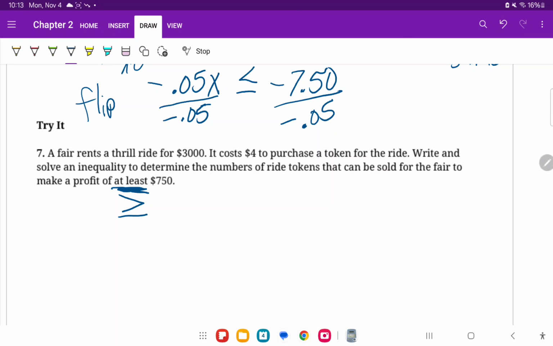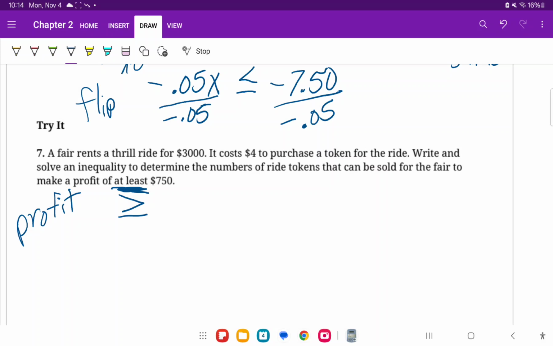Okay, so this has to do with profit, right? This is a profit and loss kind of a problem. All right, so we need to sell enough tickets so that we can subtract the $3,000 rental price and make at least $750. Okay?